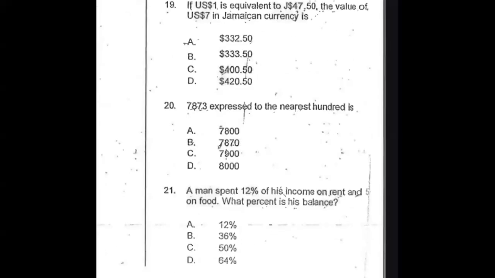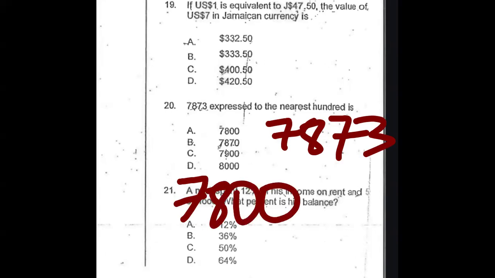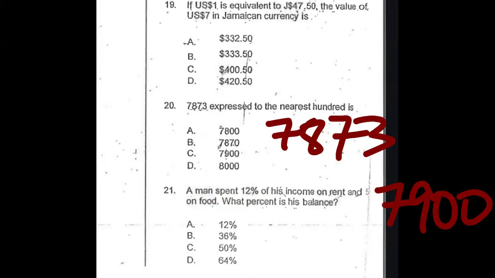All right, to the nearest 100 now. Well, let us see what they mean by the nearest 100. So if I have 7873, I need to find out if it is closer to 7,800 or if it's closer to 7,900. So let me use a different color.